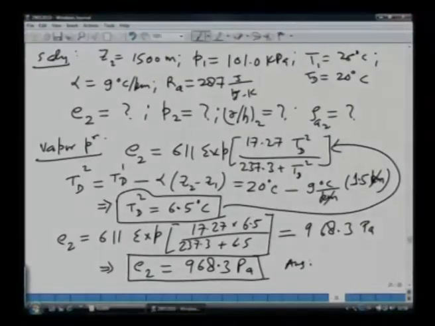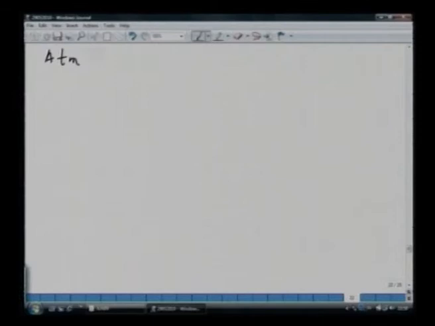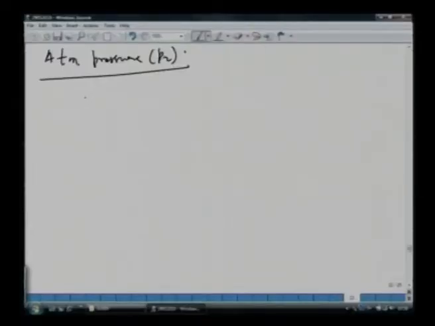So, let us move on and try to find the atmospheric pressure P2 at a height of 1500 meters. We have just derived an equation which relates P2 with P1 and temperature. Let me first write it down.